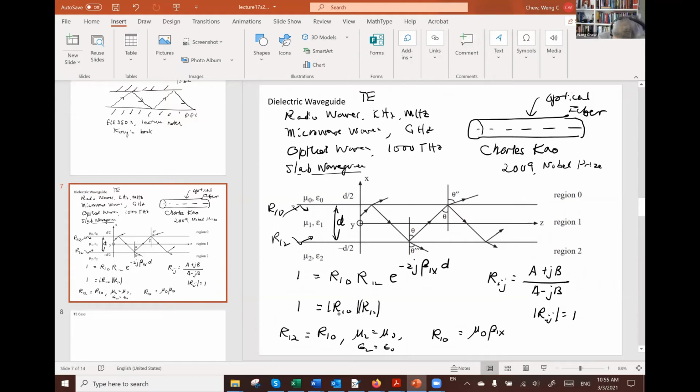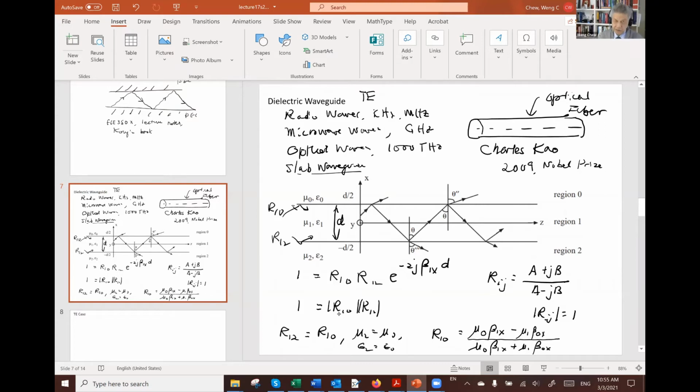I have a coordinate change over here because now I call this the x-axis instead of the z-axis. So this thing should now be called beta 1x and beta 0x, instead of beta 1z and beta 0z, because of my coordinate change. This is mainly due to convention.